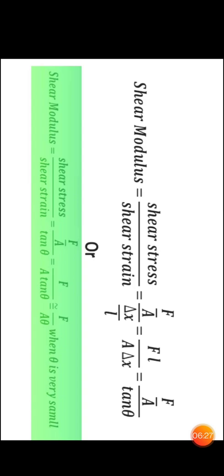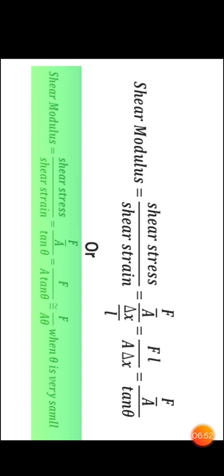Here delta x is the perpendicular of this triangle and small l is the base. Therefore, we get F into L upon A delta x. Now, it is equal to F upon A upon tan theta.